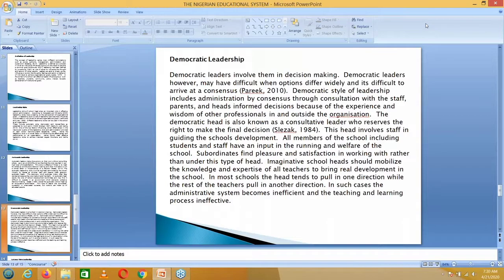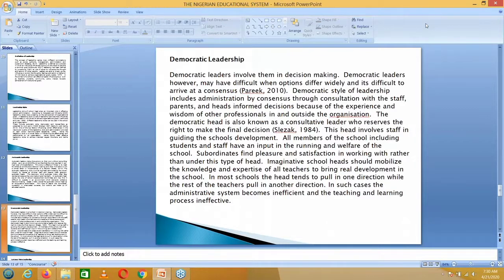The democratic style of leadership includes administration by consensus through consultation with the staff, with the parents and heads, making informed decisions because of the experience and wisdom of other professionals in and outside the organization.